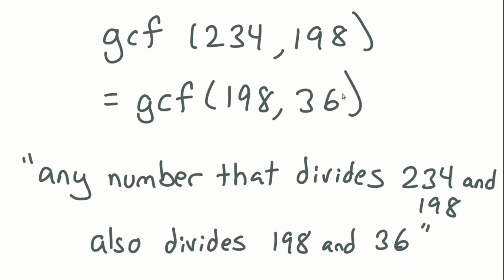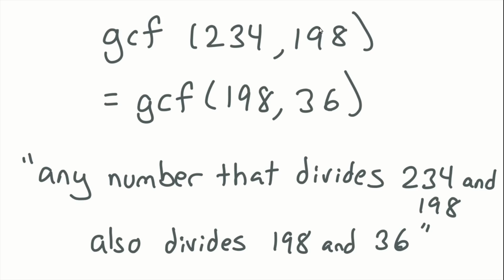36 is divisible by 2, 198 is divisible by 2, and then also 198 is divisible by 2, 234 is divisible by 2. These two are both divisible by 3, these two are both divisible by 18. If you look concretely at the numbers, any number that these two numbers are divisible by, these two numbers are also divisible by.